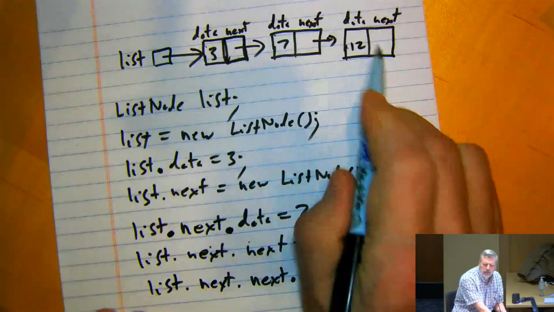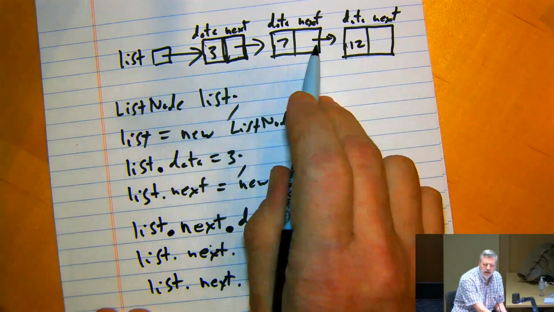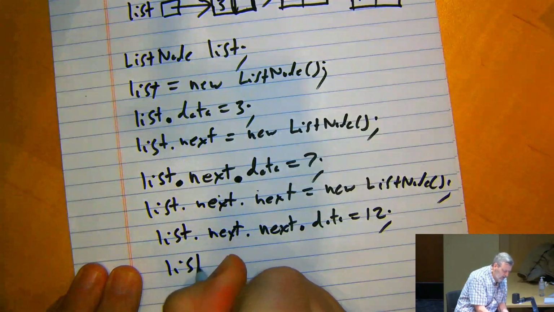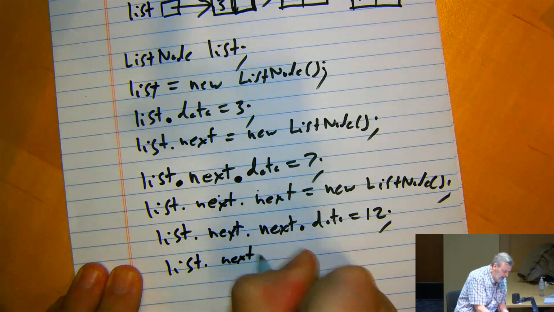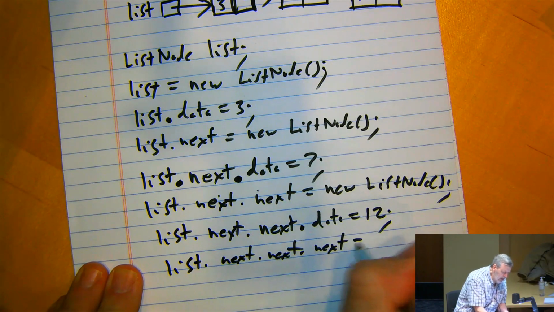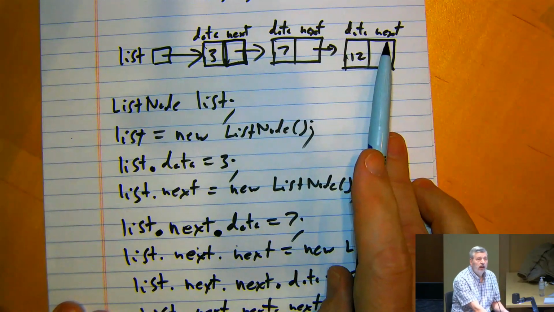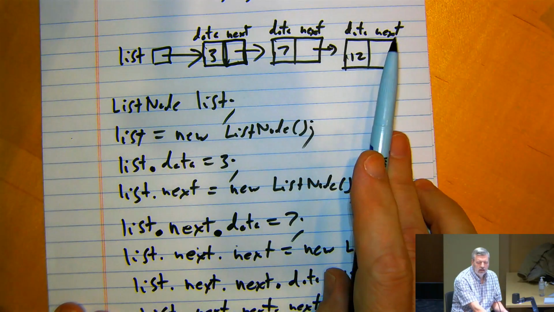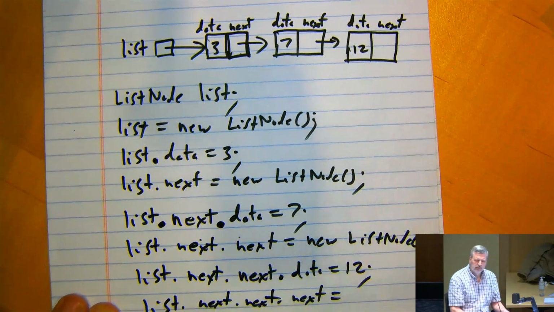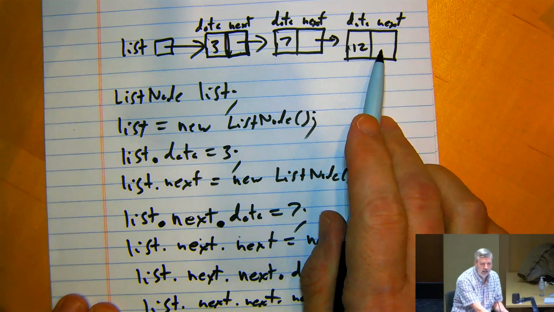And then what about this right here? That's list.next.next.next. Now, it turns out that when we call new, remember that that's a field. And Java will set the fields of an object to the 0 equivalent for the type, which would be null in the case of an object like list node.